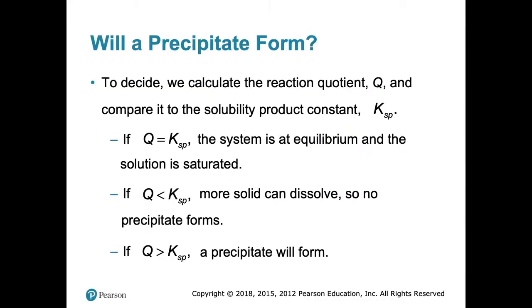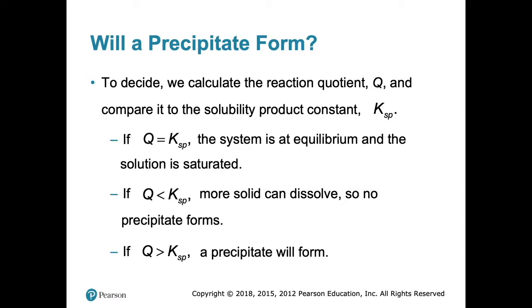This is the last thing I want you to do for this test, and we'll stop it there. We need to be able to decide whether or not a precipitate will form when you have solutes in solution. Again, we have this thing called Q, known as the reaction quotient, and we can compare that with Ksp.